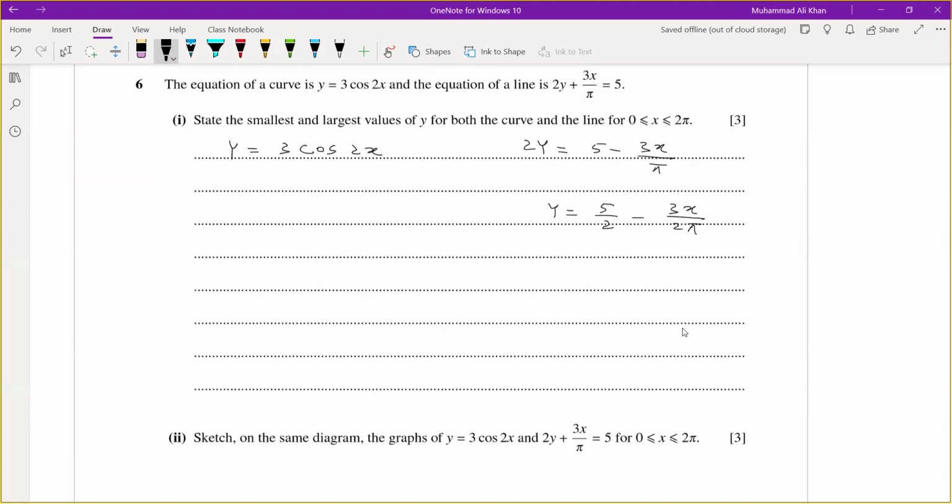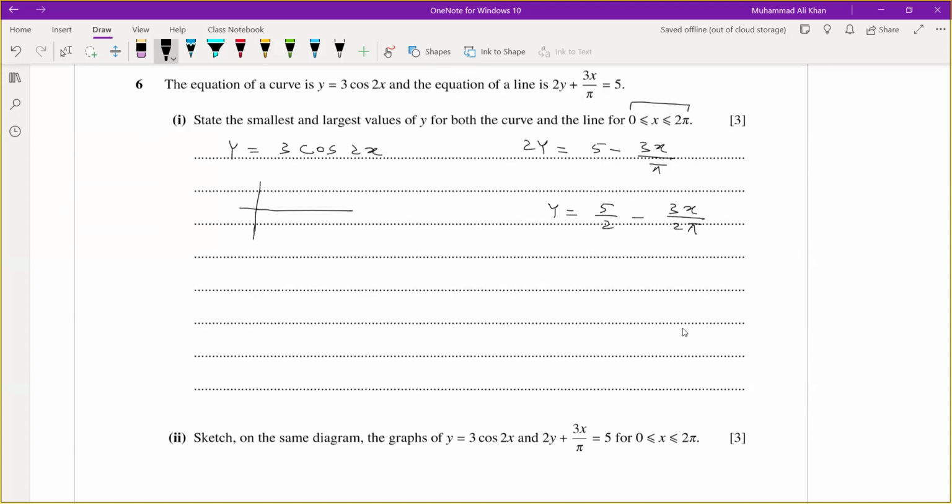We need to calculate the smallest and the largest values of y for both the curve and the line from 0 to 2 pi. Now, it is a cos curve, and we know that for the cos curve, what is the main axis?